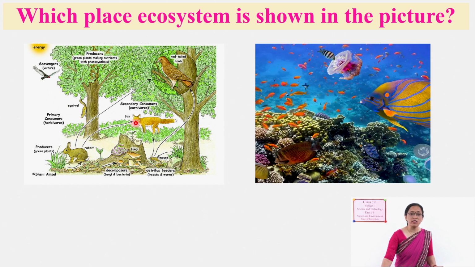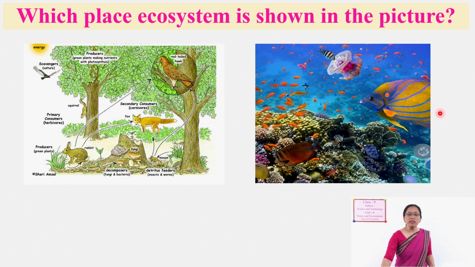Yes, there are very large trees, so it is a forest, and the ecosystem of that place is shown here. Whereas inside the water, various kinds of aquatic animals are shown. There are small plants growing inside the water. So this is the ecosystem of water.